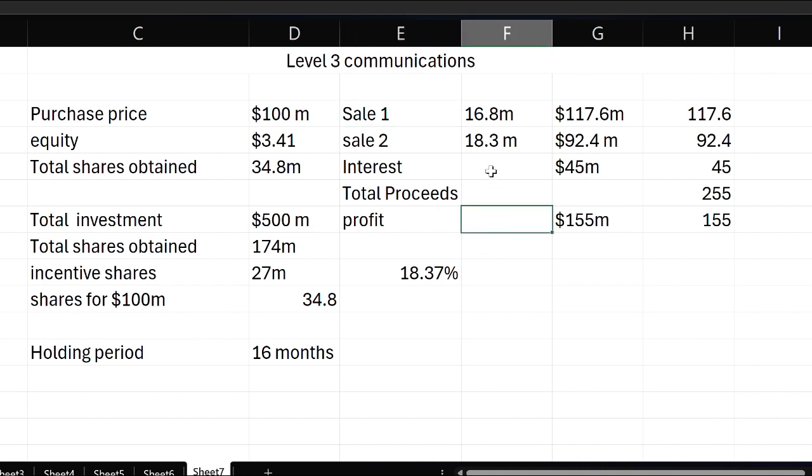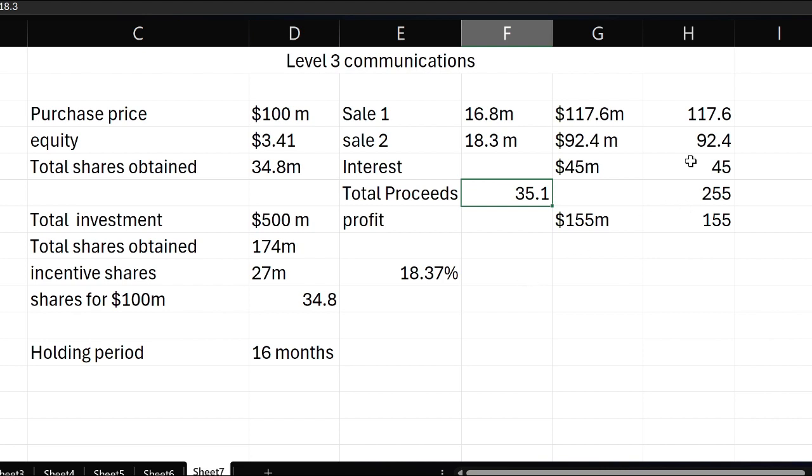What he sold is around 16.8 million at one stage, and at the other stage another 18.3 million. In two phases he sold it. So he sold 34.5 million, meaning he might have got even some incentive as a bonus at the later stage.